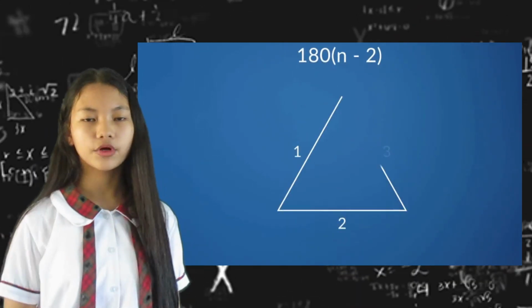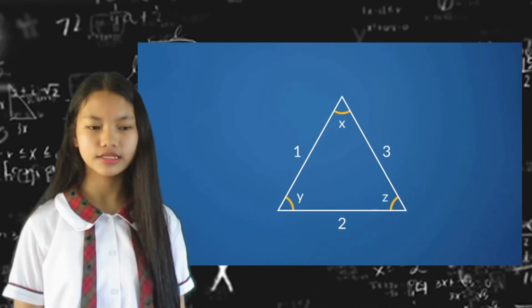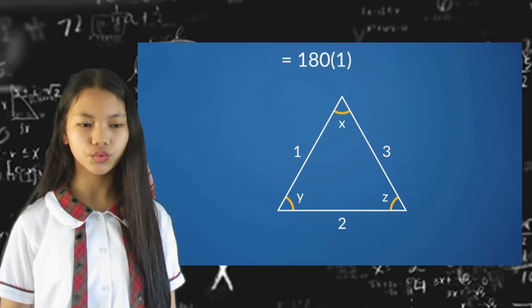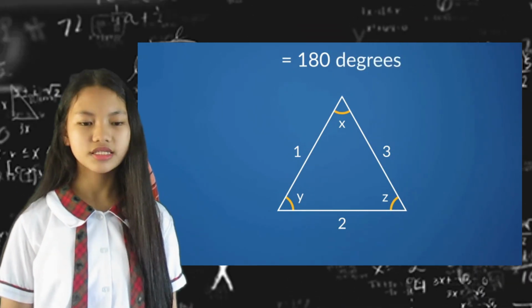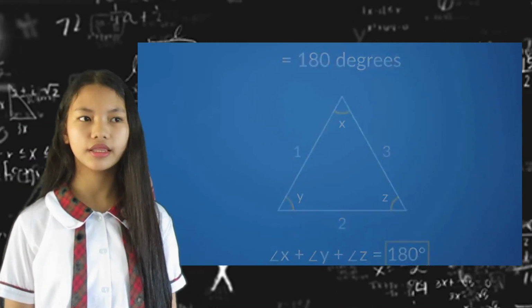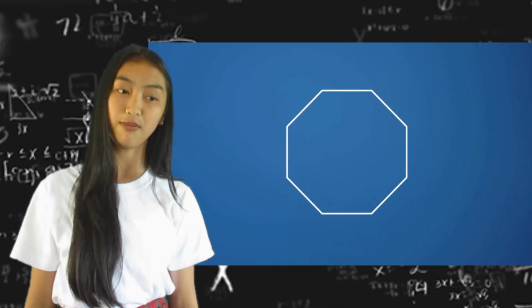So for example, a triangle has 3 sides and thus the sum of the interior angles is 180 times 3 minus 2, which is 1, and thus the sum of all the interior angles in a triangle is 180 degrees. Alright! What if we take an octagon as an example?